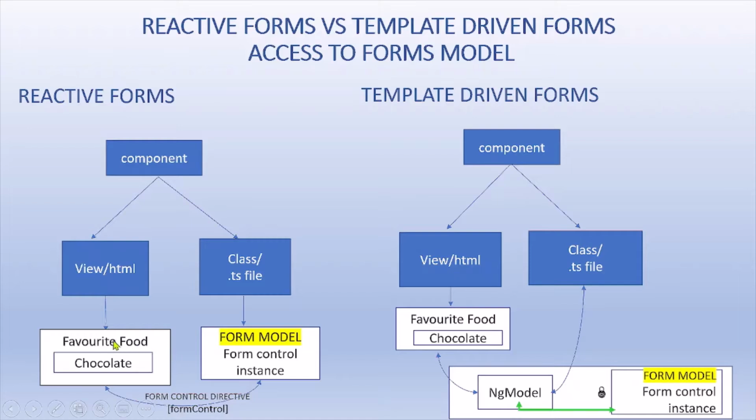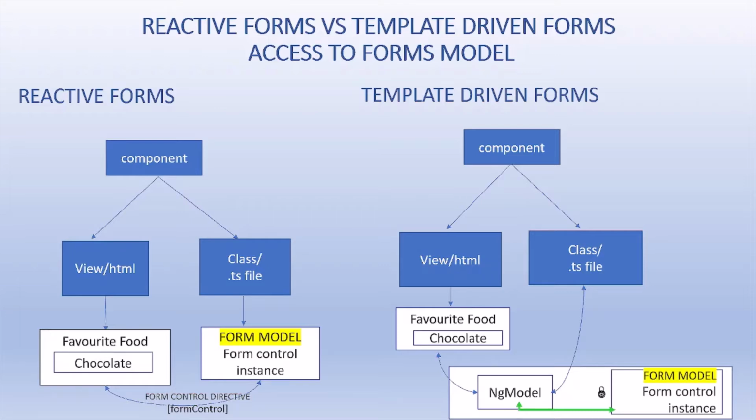So in this case, we are saying favorite food, for example, is the name of the element. Using the form control directive along with that element would link it to a particular form control in the form model. And we will understand this better when we actually go into code.